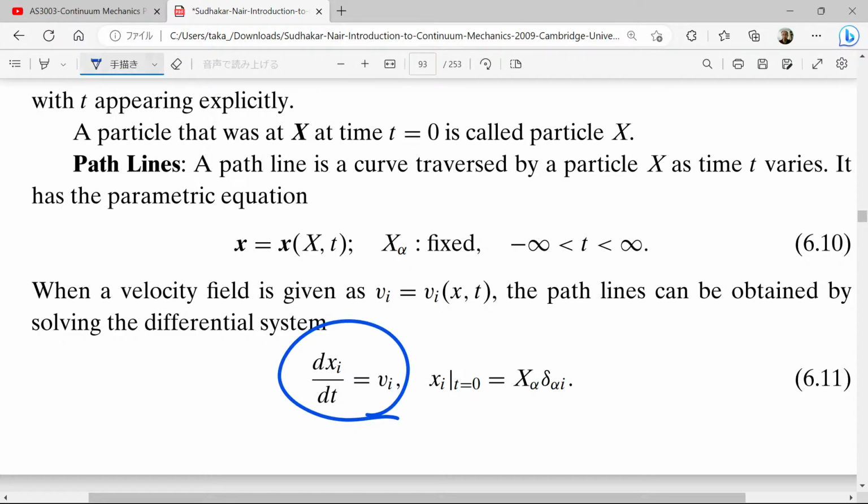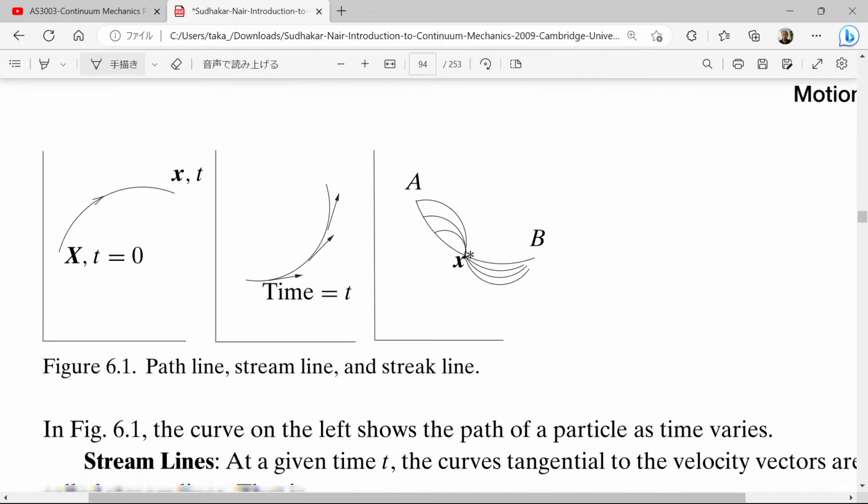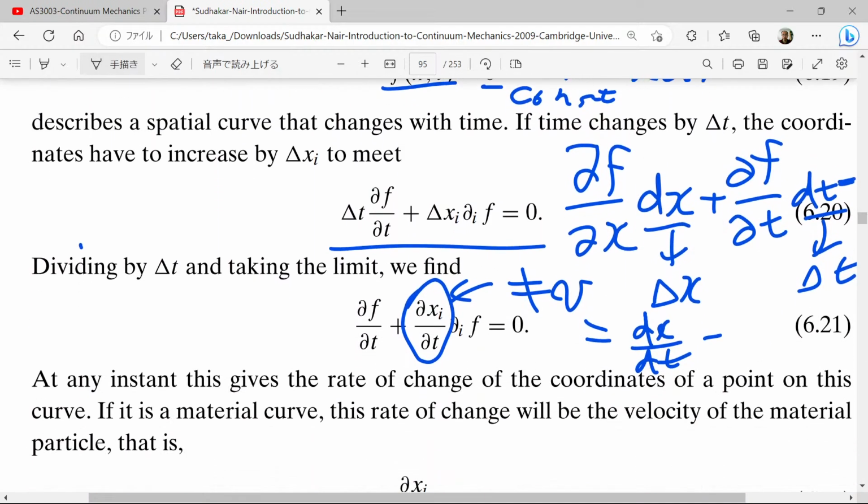This is for a given x, and x means a particle, the name of the particle. So this is the velocity of a particle, right? But this is not the velocity of a particle.